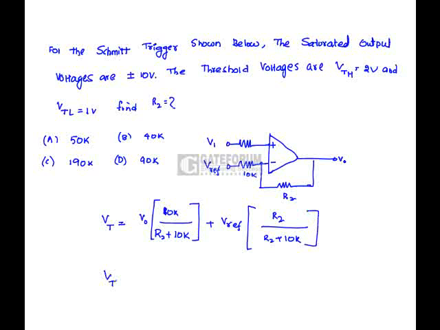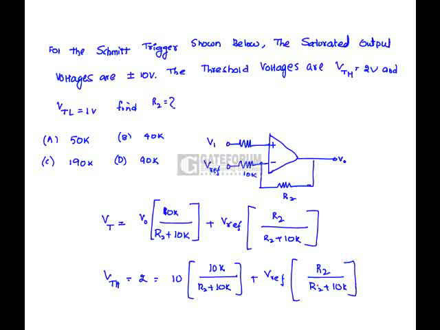So VTH, which is 2 volts, is equal to, this is going to happen whenever V0 is positive saturated voltage, that is plus 10 volts, times 10k divided by R2 plus 10k, plus V reference, which is unknown here; in order to decide R2, it's not required.